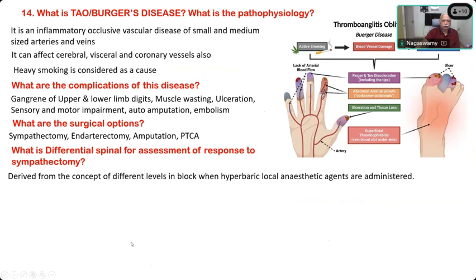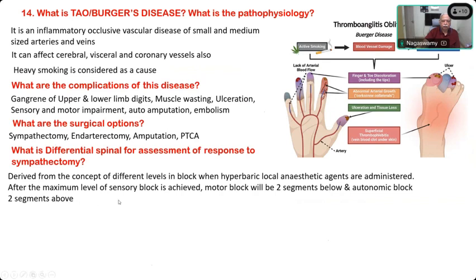Okay. So this differential spinal is derived from the concept of different levels in block when hyperbaric local anesthetic agents are administered. After the maximum level of sensory block is achieved, motor block will be 2 segments below and autonomic block 2 segments above.